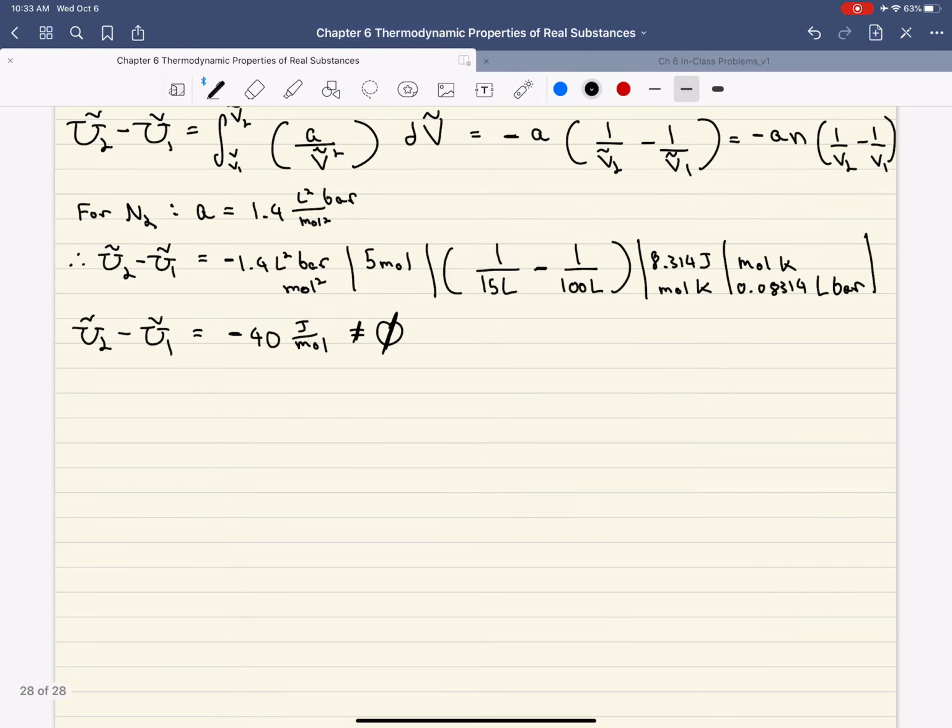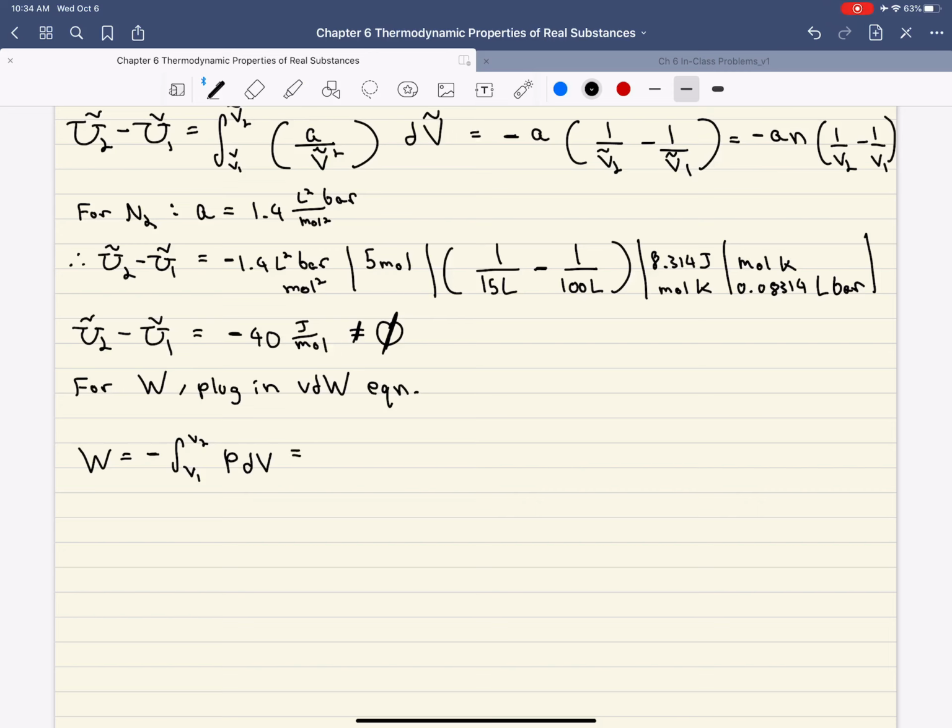In any case, we figured out U2 minus U1. What I want to do now is figure out the work term in our energy balance. And to figure out work, we want to take the pressure term and plug in the van der Waals equation of state. So W is equal to the integral from V1 to V2 of P dV.